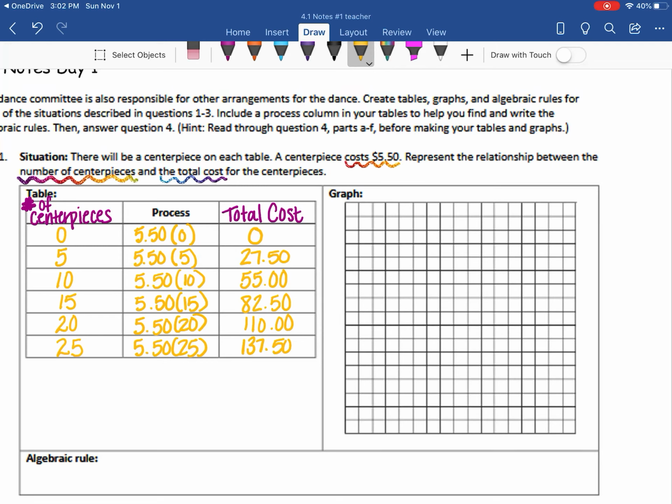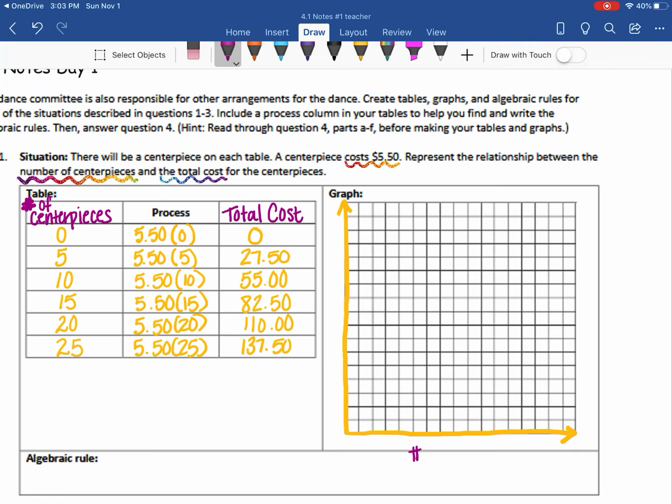Okay, so now we're going to take those numbers and we're going to put them on a graph. So first thing we need to do is draw our axes. So I'm going to start by drawing carefully, trying to draw them straight, my x and my y axis. Okay, and labels are going to be really important here so that we know what we're talking about. On my x-axis, I am talking about number of centerpieces.